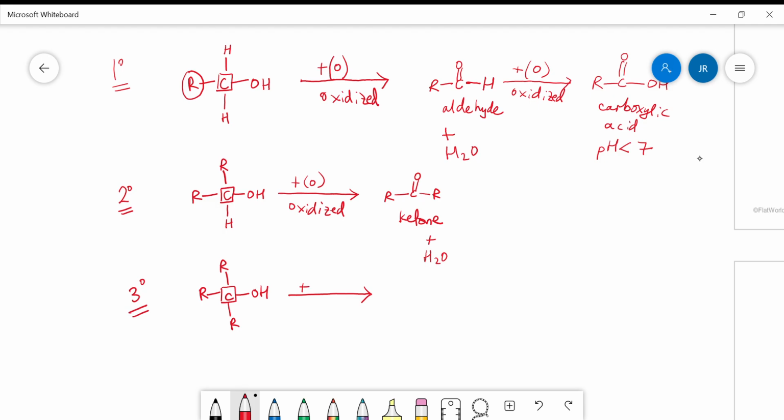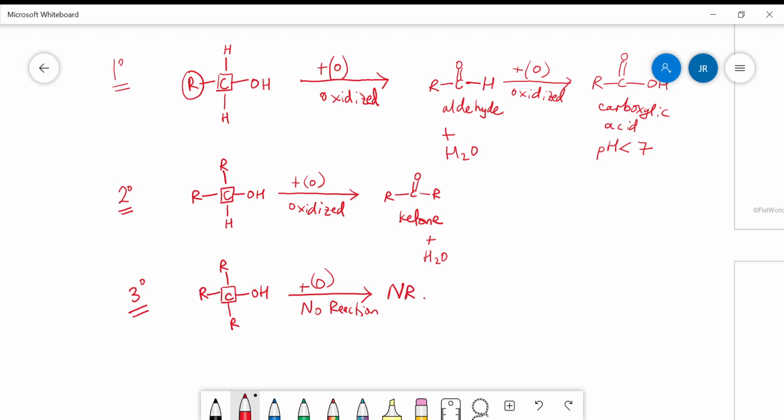But when you try and oxidize them, there's no reaction. We can just write NR for no reaction. So tertiary alcohols are much more stable. They tend not to do that much.